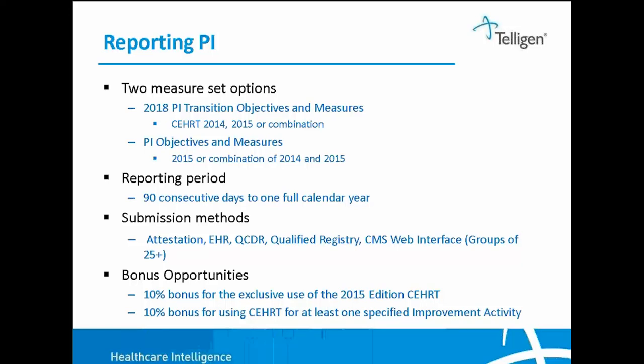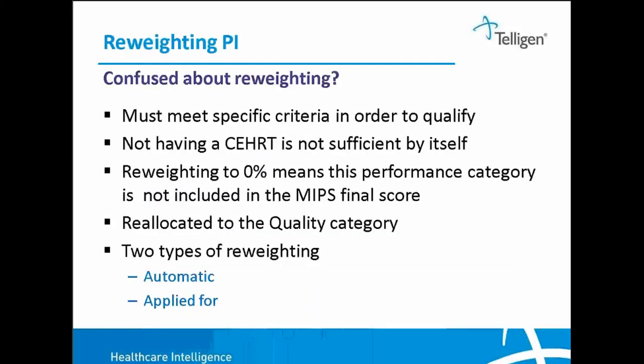There's a 10% bonus for the exclusive use of the 2015 edition CEHRT. So that one you would have to use PI objectives and measures. And then there's a 10% bonus for using the one improvement activity. And Michelle talked a lot about that. So those are great ways to get some extra points.